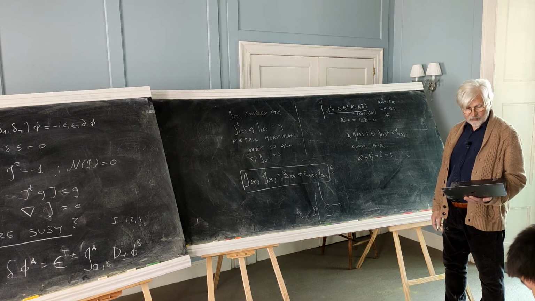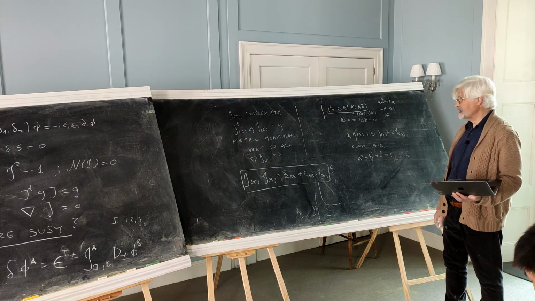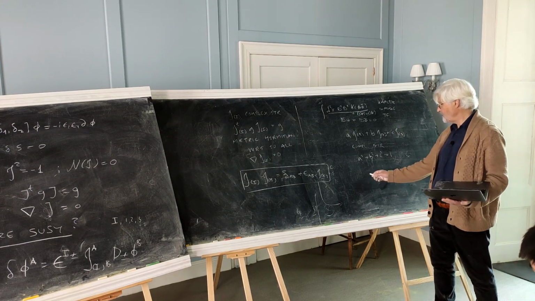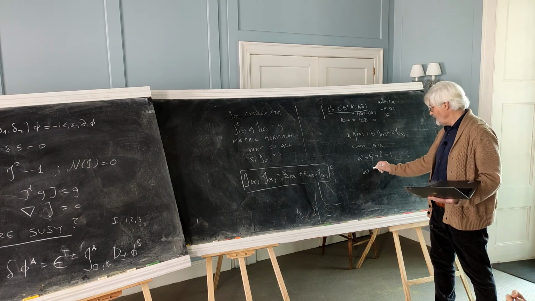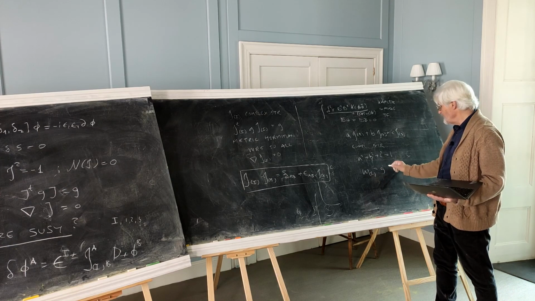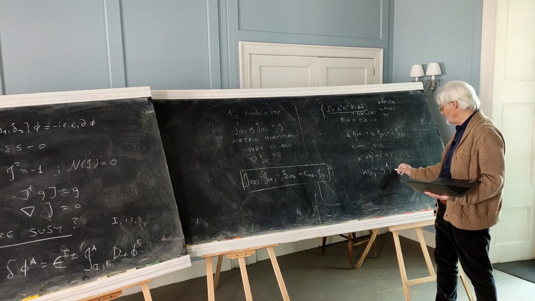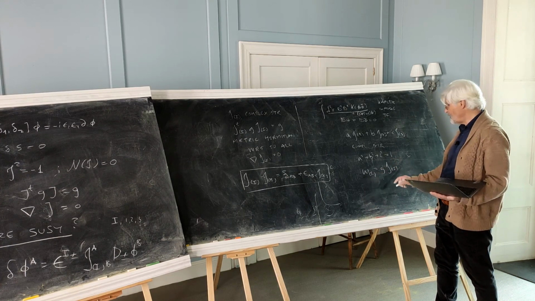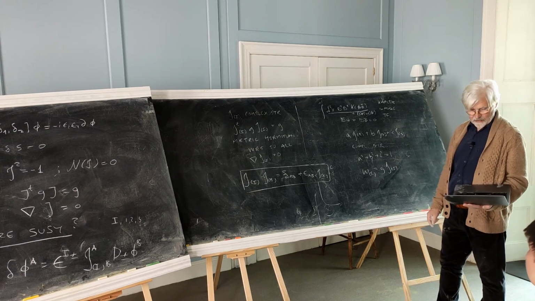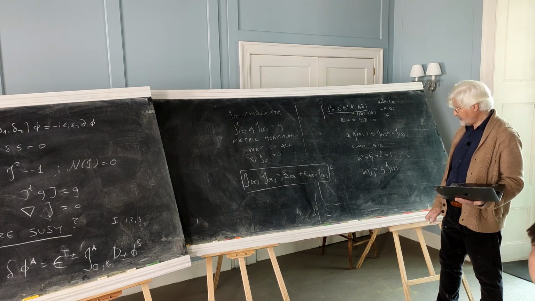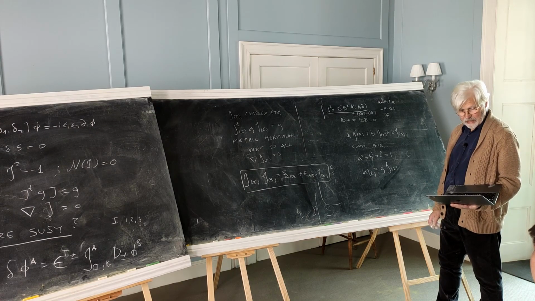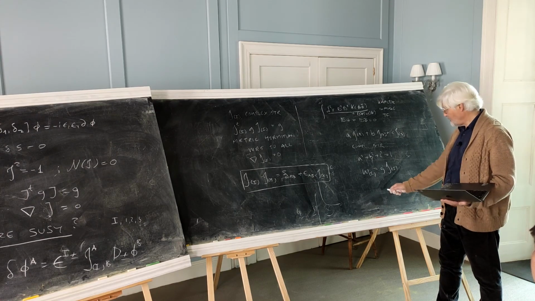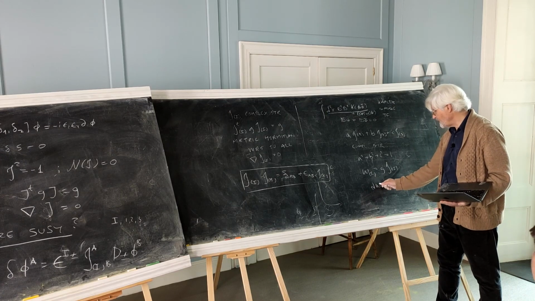And then, of course, you have more than one Kähler form. Remember, Kähler form is G times J. So here you have 3 Kähler forms. And they all satisfy this.